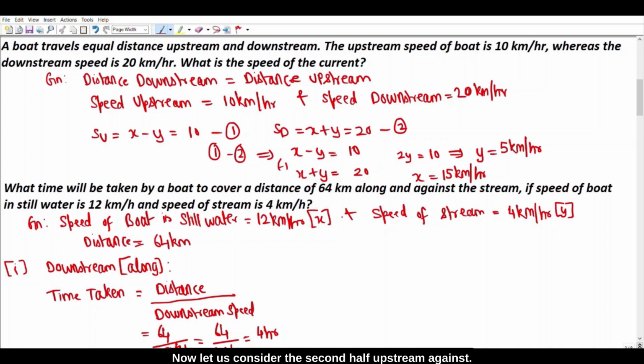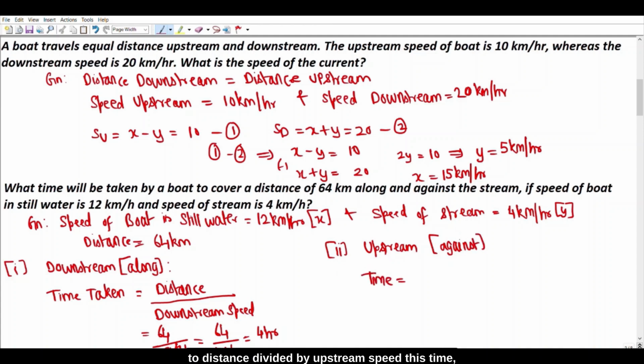Now let us consider the second half, upstream, against. So again we know that time is equal to distance divided by upstream speed this time. So distance is equal to 64 kilometers.